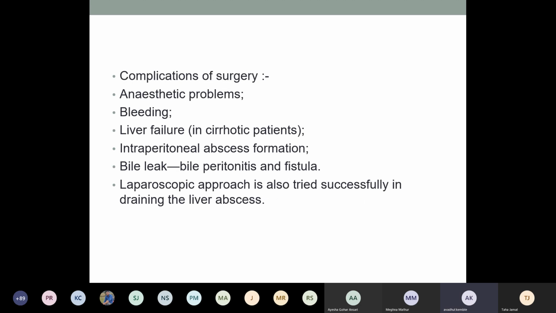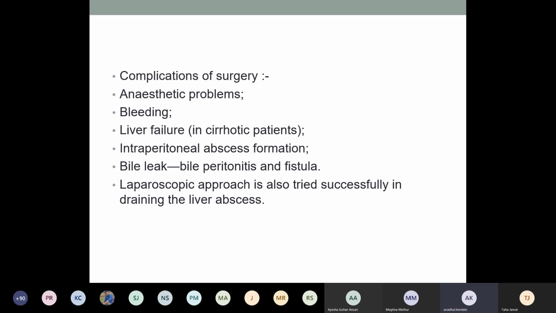A few complications related to all surgical procedures are anesthetic problems, bleeding, liver failure, especially seen in cirrhotic patients, spillage of abscess into the intraperitoneal cavity leading to generalized peritonitis and so on, and leakage of bile into the peritoneal cavity, or biliary peritonitis or biliary fistula outside, because of opening of an intrahepatic bile duct which is measurable in size.